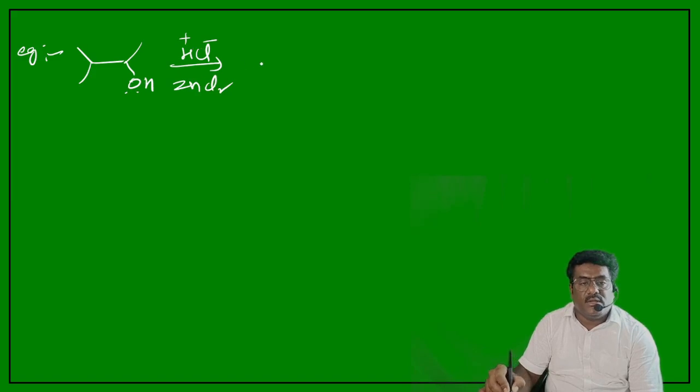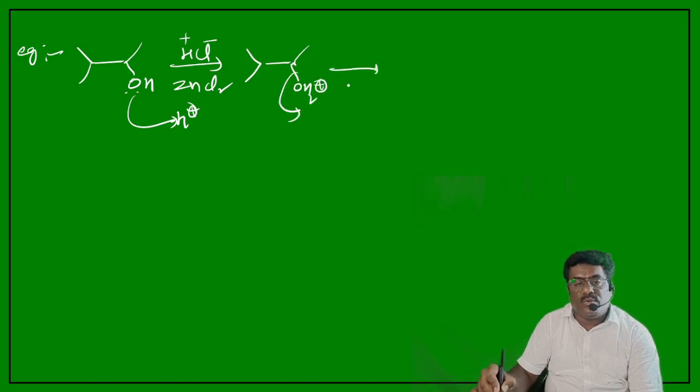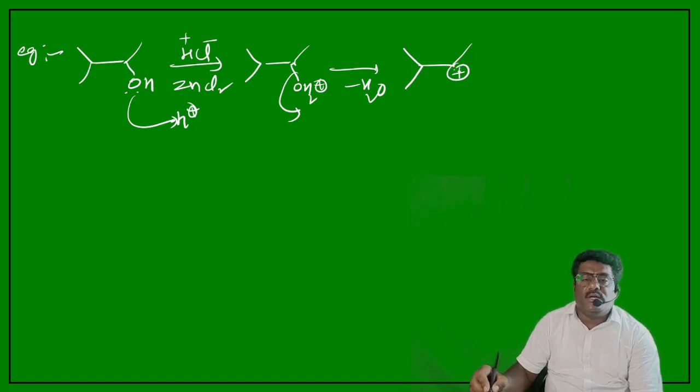So it is protonated, forming OH2 plus. It loses a water molecule. Carbocation is formed. What type of carbocation is it? It is a secondary carbocation. How many alpha hydrogens are present? It is 3 and 1, so it has 4 alpha hydrogens.